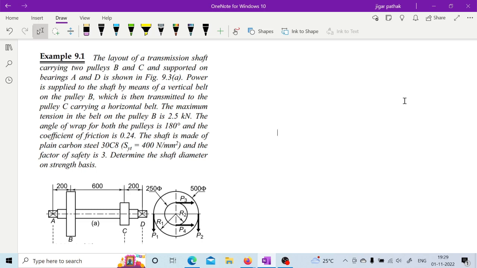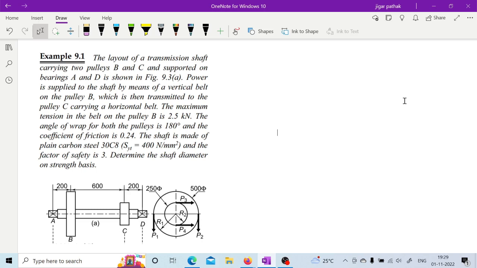If you look at the problem statement, the layout of a transmission shaft carrying two pulleys B and C and supported on bearings A and D is shown in the given figure. Power is supplied to the shaft by means of a vertical belt on pulley B, which is then transmitted to pulley C carrying a horizontal belt.